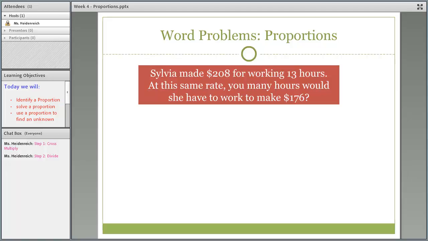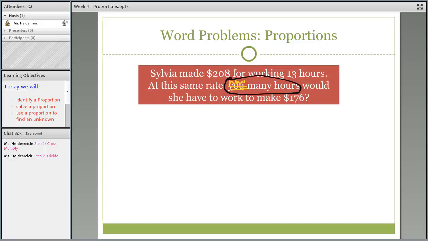At the same rate, and this is a typo here, how many hours would she have to work to make $176? Okay, so our goal here is to write a proportion and use that proportion to solve this scenario and figure out how many hours Sylvia needs to work. So there's our question. That's our unknown.